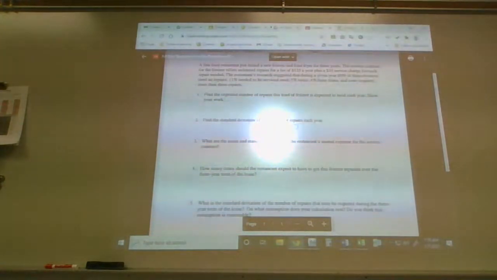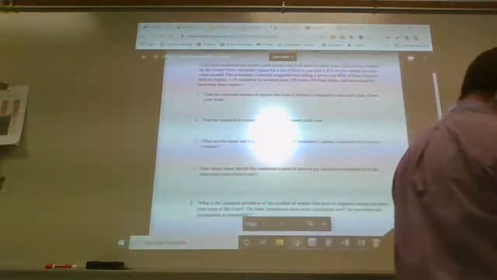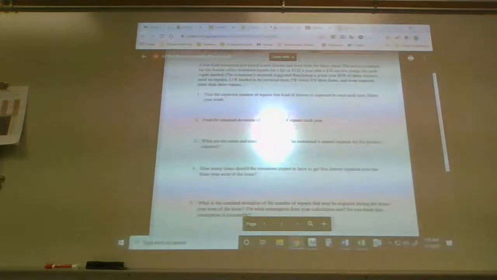The restaurant's research suggested that during a given year, 80% of these freezers need no repairs, 11% needed to be serviced once, 5% twice, 4% 3 times, and none required more than 3 repairs. That's a lot of information. We're going to have to organize that information in a few moments.